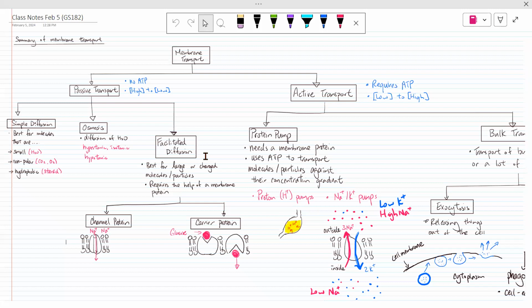If I ask you which one involves a membrane protein, it will be channel protein, carrier protein, protein pump, not exocytosis. For endocytosis, the receptor-mediated one requires a membrane protein, but not the phagocytosis type.